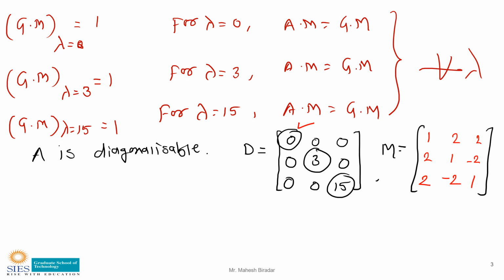In this way, we can calculate D, which is a diagonal matrix, and M, the modal matrix, and the given matrix is diagonalizable. We have used here the concept that AM and GM are equal for all lambdas.